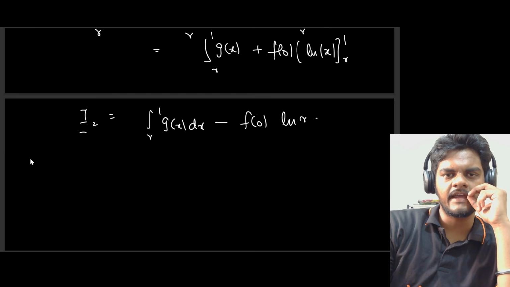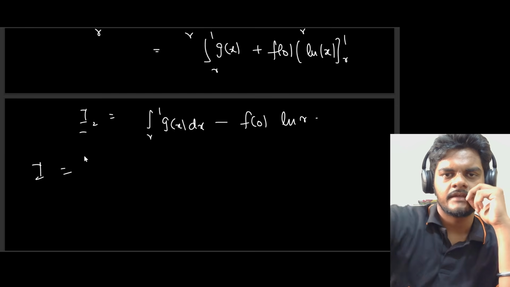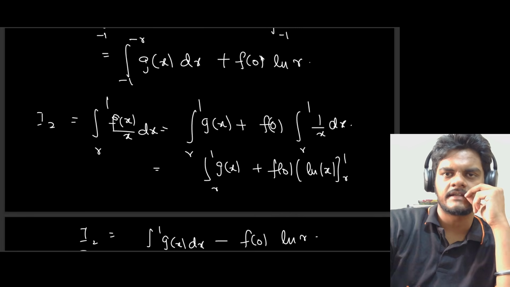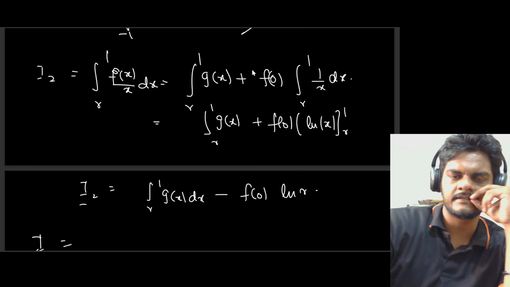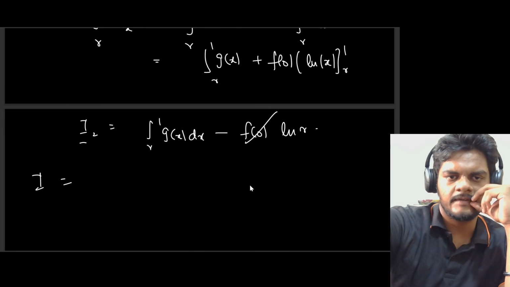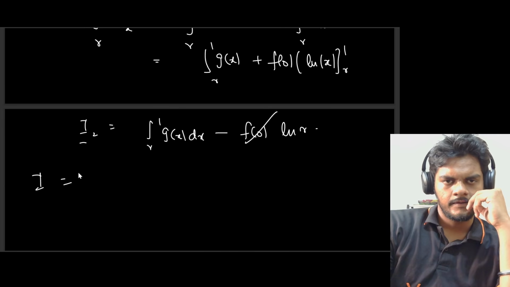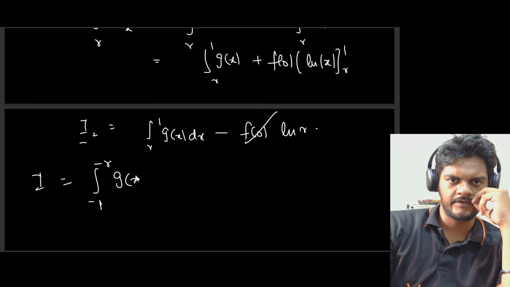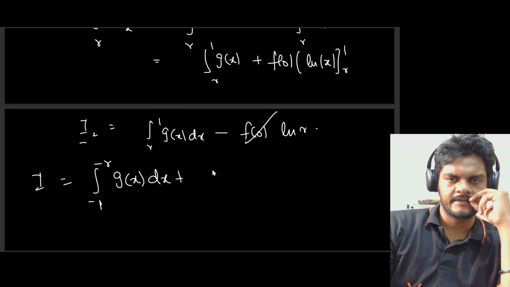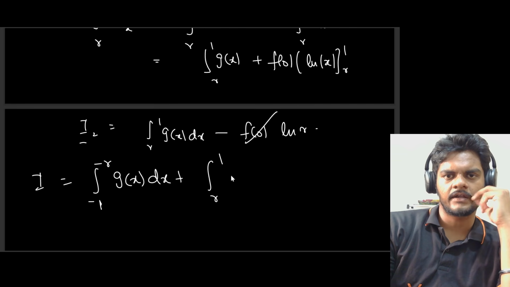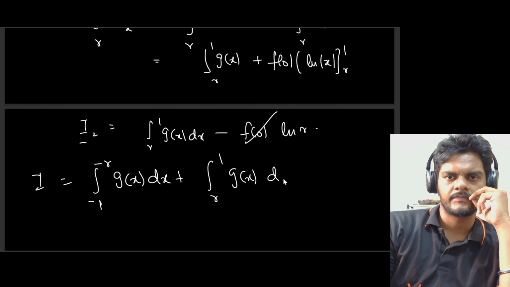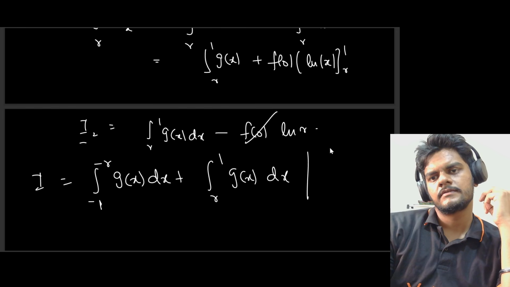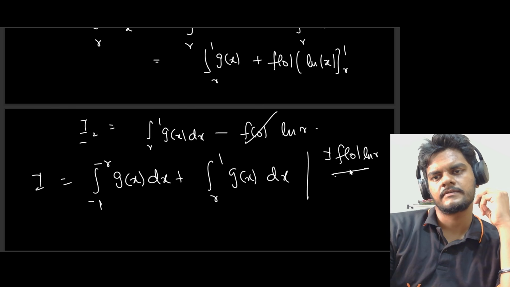If you notice, if I add those two terms, you'll see that these two terms get cancelled. This gets cancelled with this. So I'll be left with I is integral minus 1 to minus r g of x plus integral r to 1 g of x, because plus or minus f of 0 ln r gets cancelled.